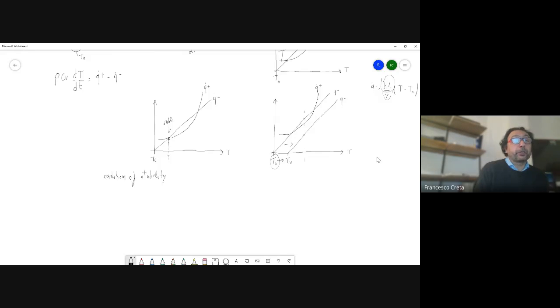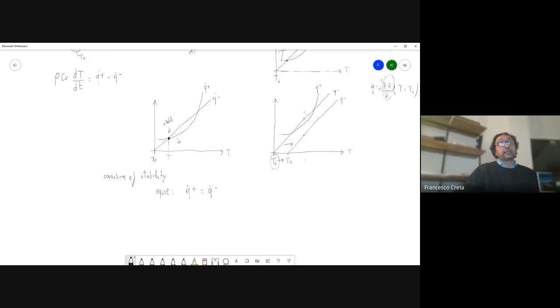Well, first of all, the condition of equilibrium. So remember, this is stable equilibrium. So equilibrium will be essentially Q plus equals Q minus. I think we all agree, so this point here. But this is not sufficient, because in order to be stable, we have to have this condition here, that the slope of Q minus is larger than the slope of Q plus.